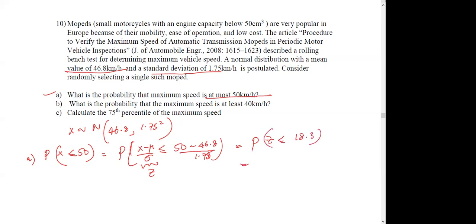Go to the Z table and find the probability based on this 1.83. That probability is 0.9664. But they ask for the probability, so it doesn't matter. This is the answer.